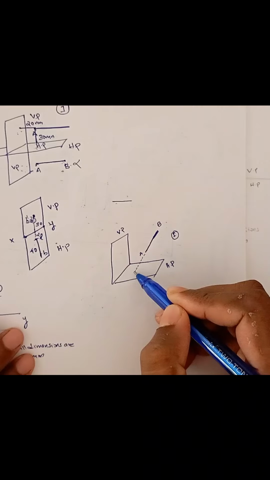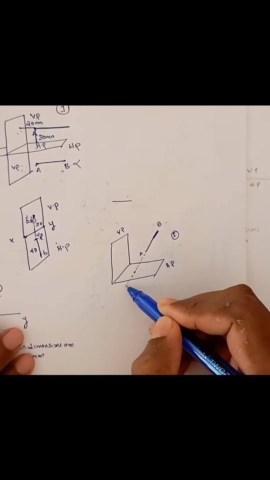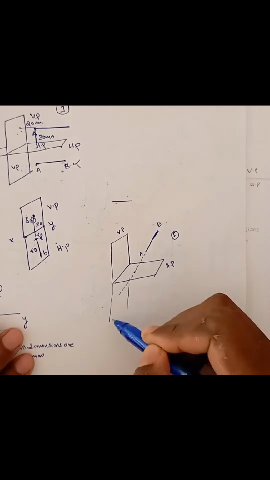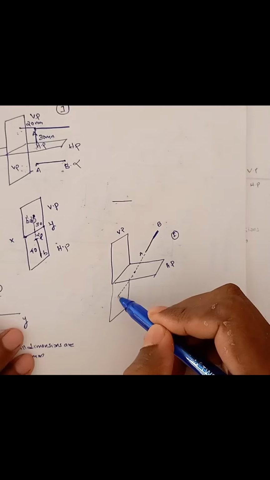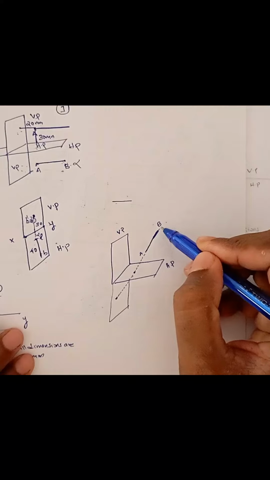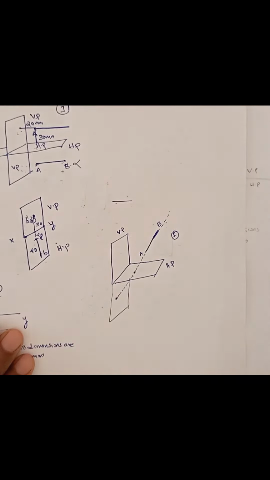It will meet one point at HP, and if I extend it again, this is our VP, it's going to meet another point on the VP, right? Two points. On this side, if you extend it, it will never meet any projection planes.